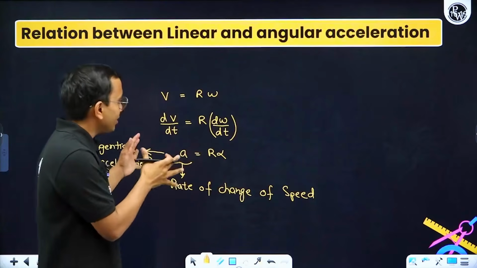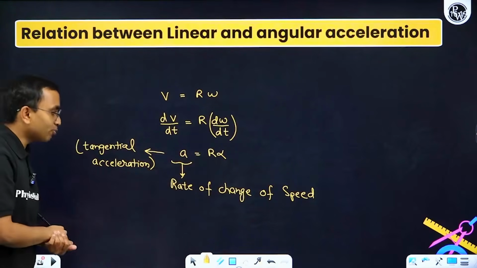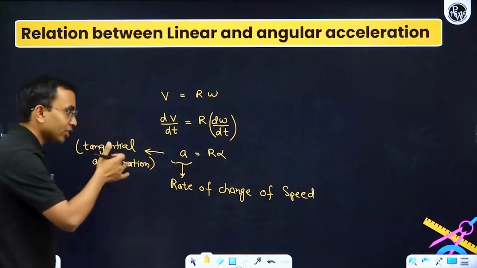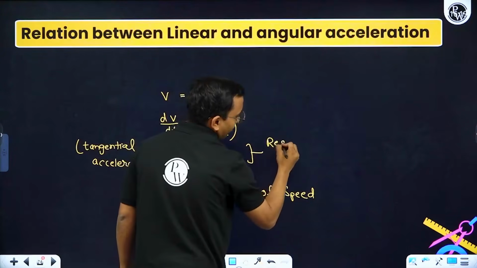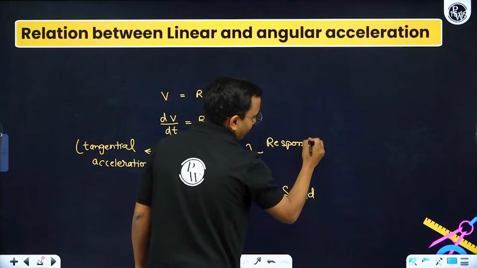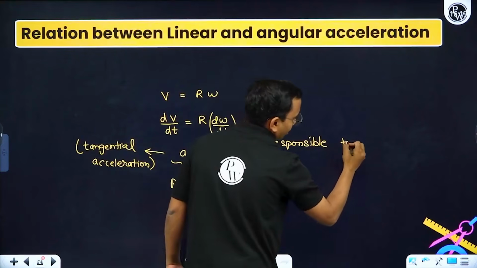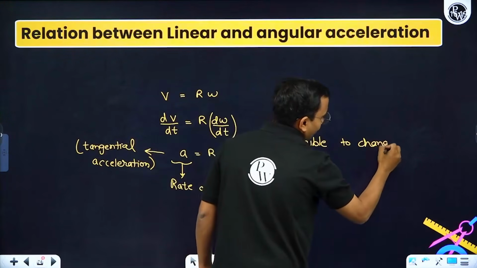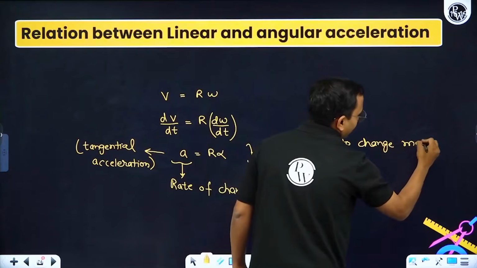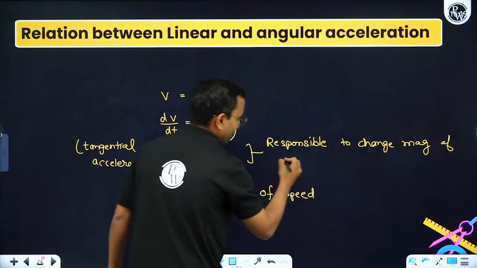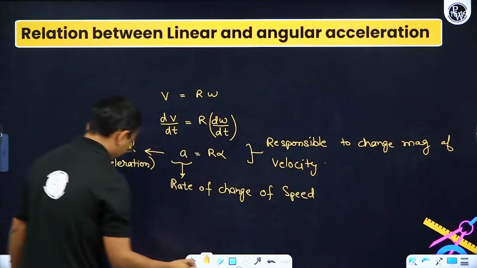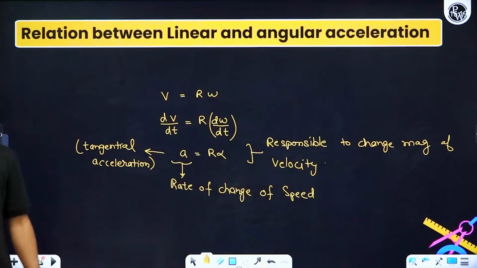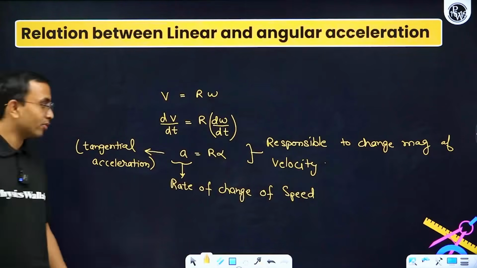This is responsible for changing the magnitude of the velocity. Getting it? This is responsible to change the magnitude only.